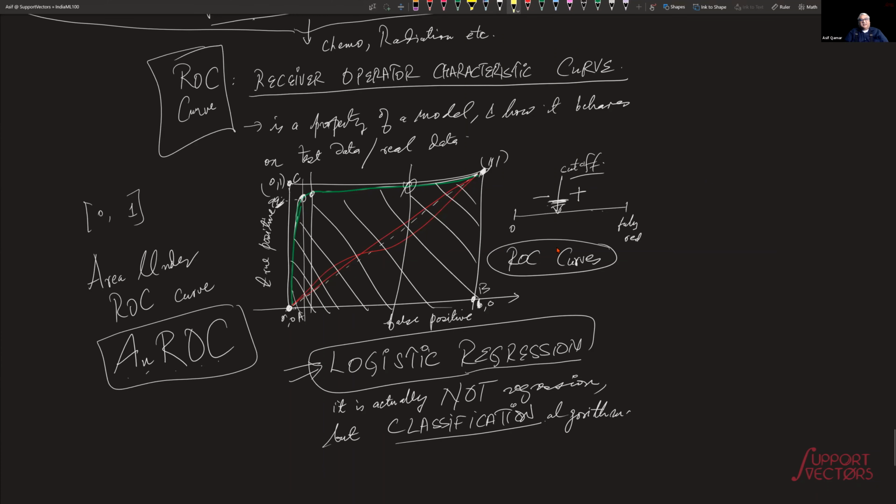The more the area, the better. And the maximum value that you can have, so the AUROC takes values between 0 and 1. So the closer it is to 1, the better is your algorithm. Right? So these are the ways that you understand a classifier.